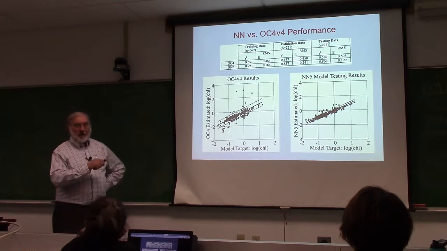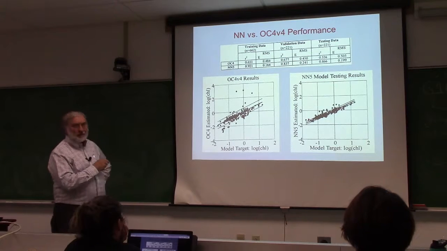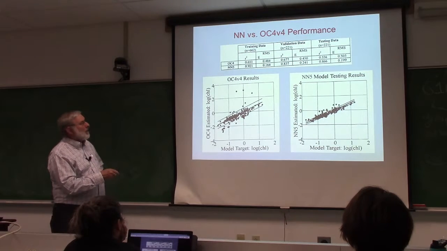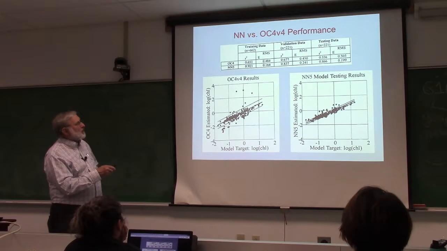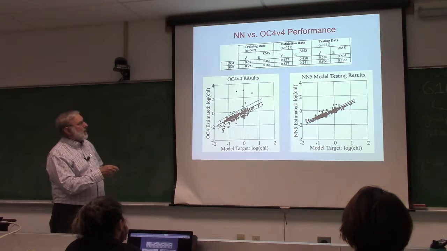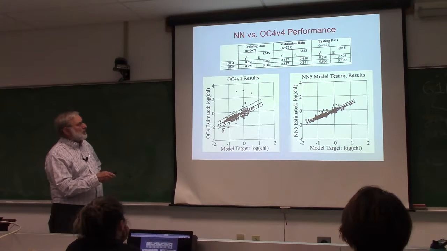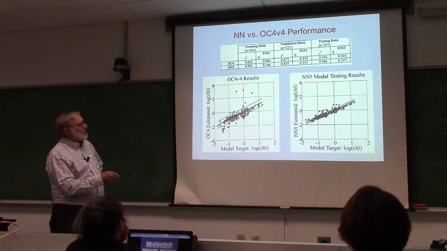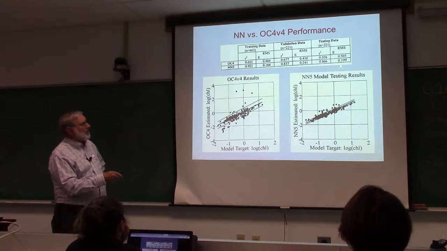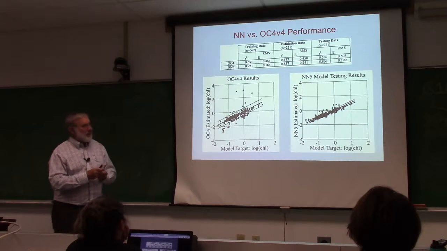So it's a third of what the OC4 algorithm was giving. Then here's the validation set. So they've really trained this now. Here the error's about half as big as it was there. And then the testing set, it's basically 0.2 versus 0.5. So a much better RMS error.